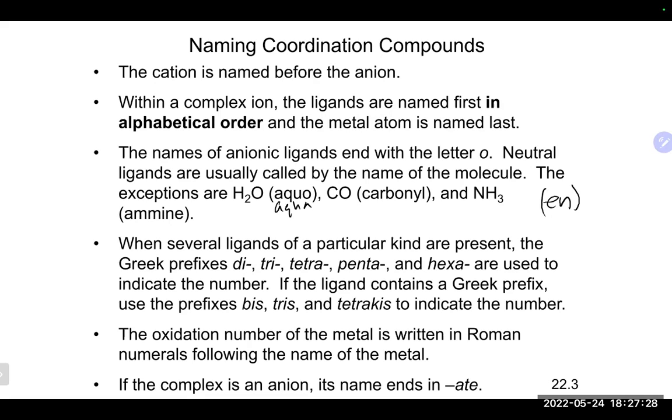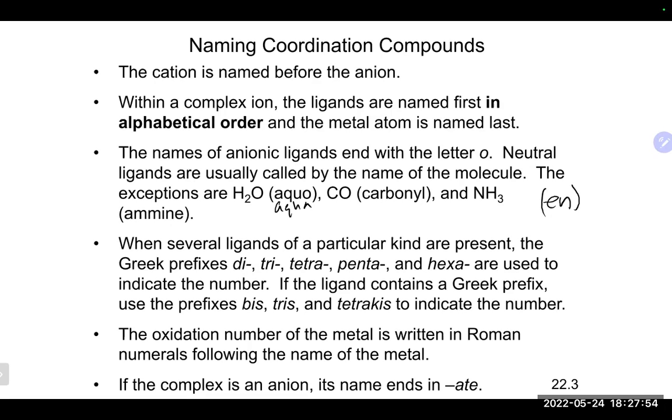In addition, as odd as it may sound, you could end up with a metal that has no charge. So you put a 0 there in the parentheses instead of a Roman numeral. Now, the metal part of the name should always come at the end of the complex ion name, not necessarily the end of the coordination compound, but at the end of the complex ion part of the name, with the Roman numerals.